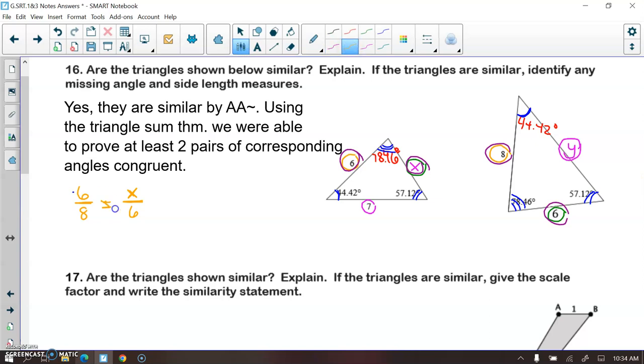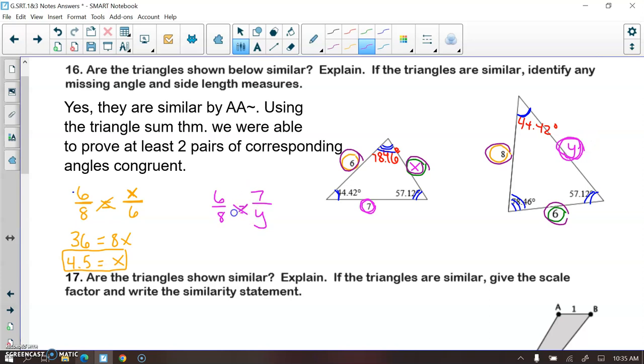So now, cross multiplying, I have a 36 is equal to an 8x, and then dividing by 8 on both sides, x comes out to be a 4.5. So now I'm going to use that 6 over 8 ratio again to help me find y. If I use the 6 over the 8, then I need to do 7 over y.